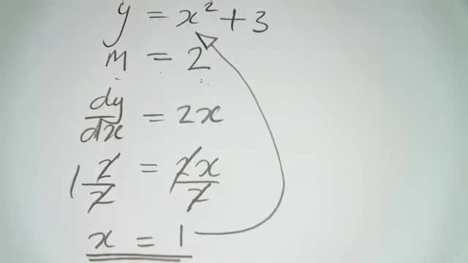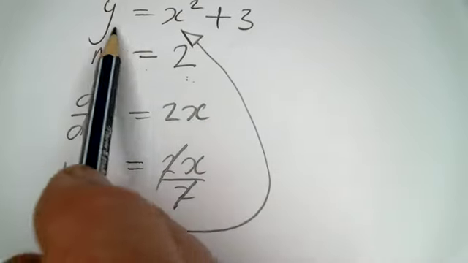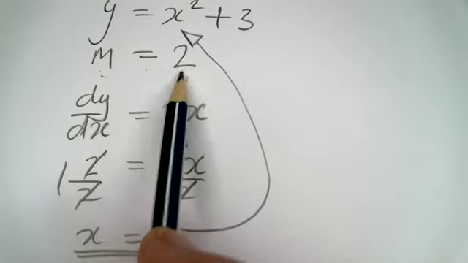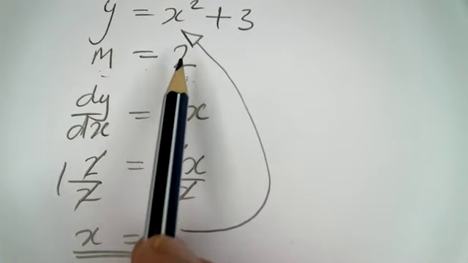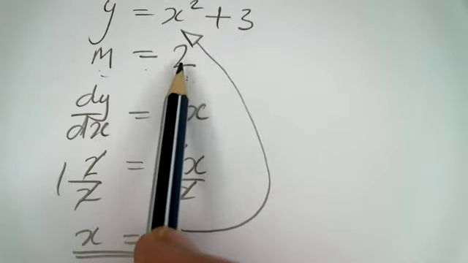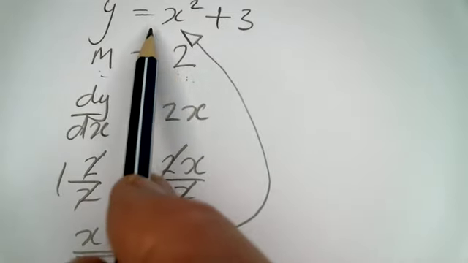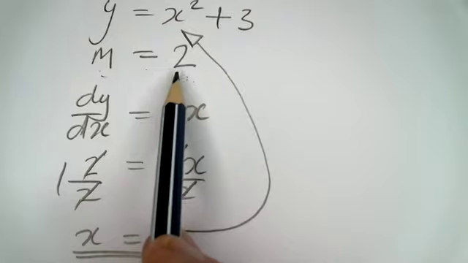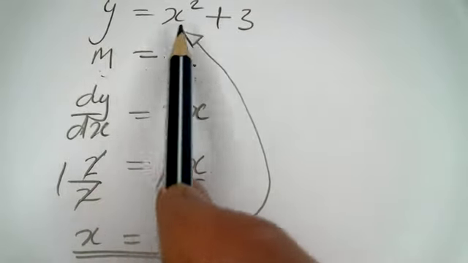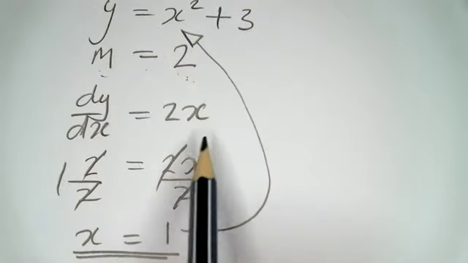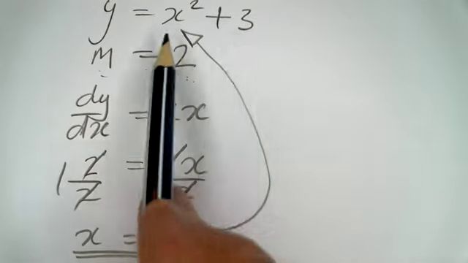So then we're going to have the y value for that point. So let's have a look. So far we've got an equation. We're told the gradient is going to be 2 somewhere on that equation, and we're being asked, what is the point on this equation where the gradient is 2? And what we've done is we said, well, let's find the gradient function for this equation. There's the gradient function. We've just taken this and differentiated.